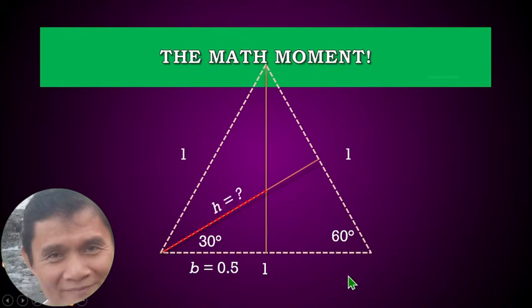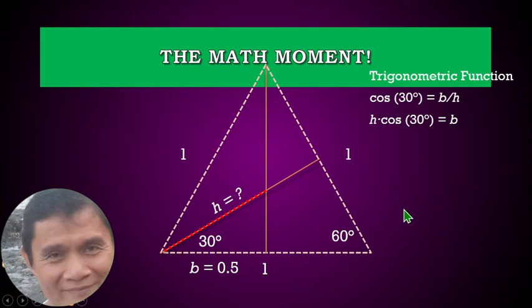So for a trigonometric function, the cosine of 30 degrees refers to the adjacent side divided by the hypotenuse. Now, rearranging, we have h times cosine of 30 degrees gives you the value of b, which is already given at 0.5.